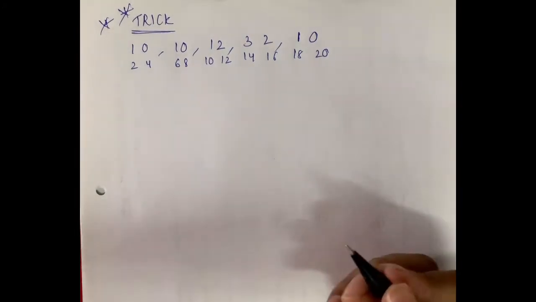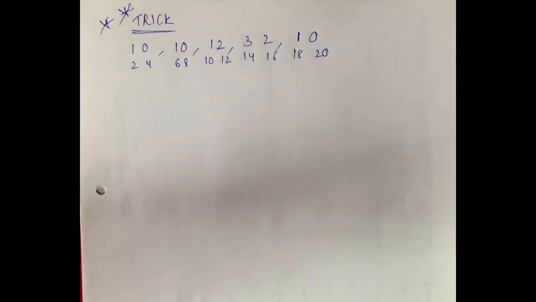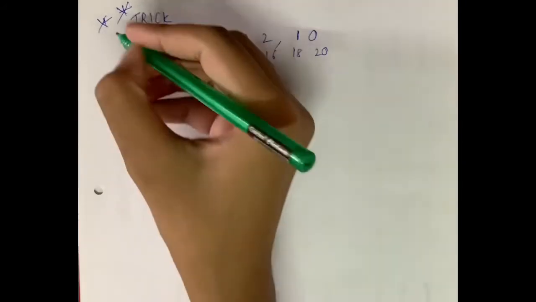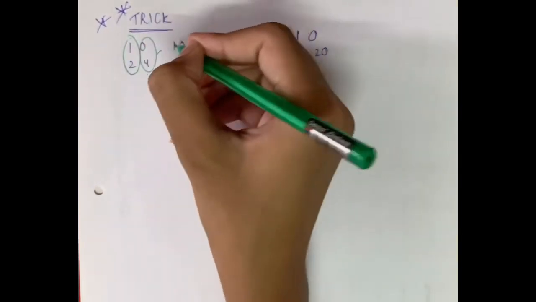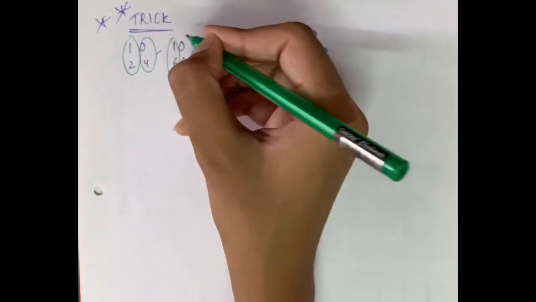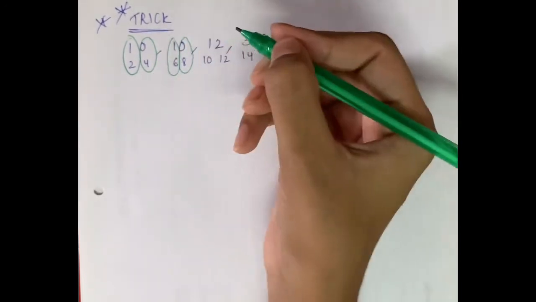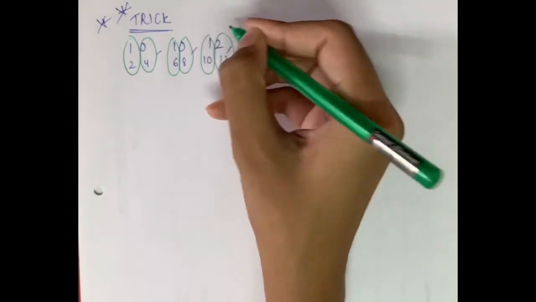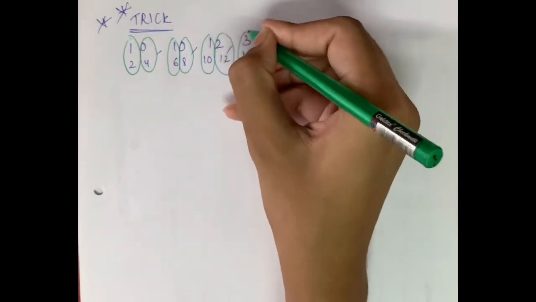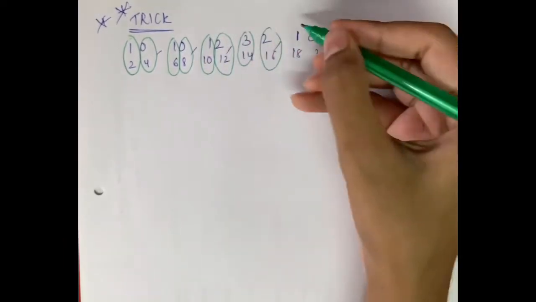You can also remember the upper part as 10, 10, 12, 32 and 10. The number above represents the bond order, and the number below represents the total number of electrons.